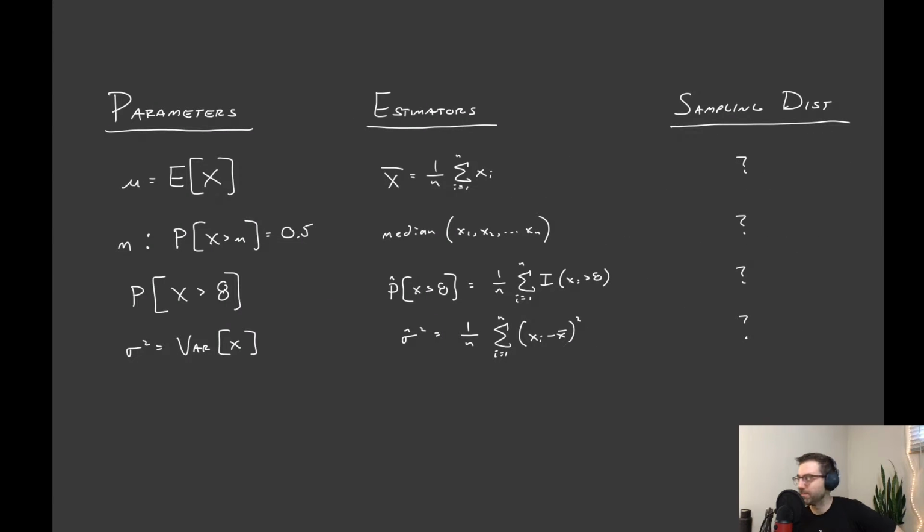So what I have here is a list of potential parameters. And something I want you to start thinking about, if you haven't before, is that parameters are a function of the population distribution.